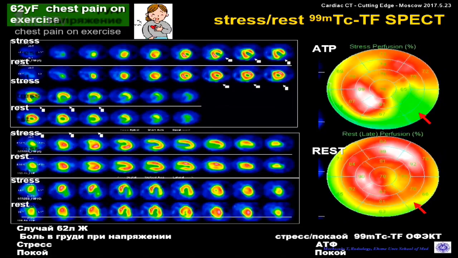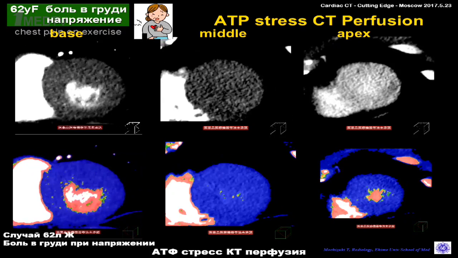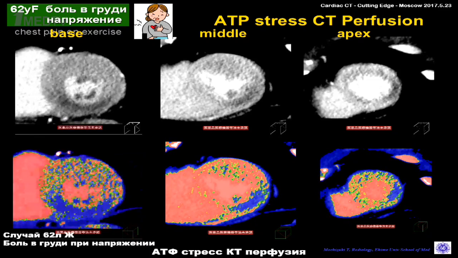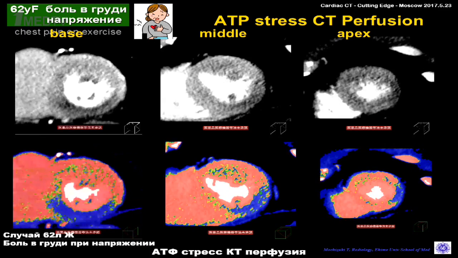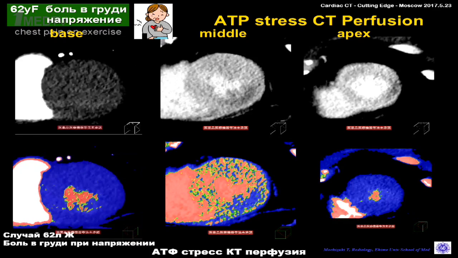This is another patient having the typical ischemia in the inferior, posterior, or lateral wall here, but you don't know which coronary artery is responsible. So this is the dynamic perfusion of the CT. You can clearly see the inferior hypoperfusion area and slight hypoperfusion in the anterior wall.